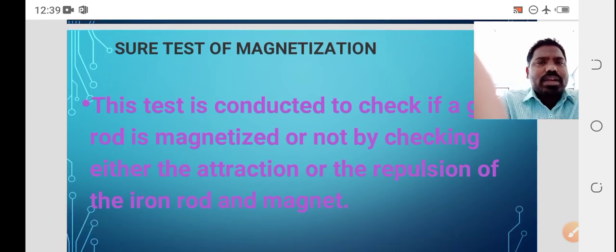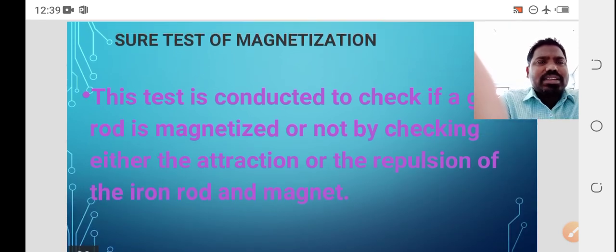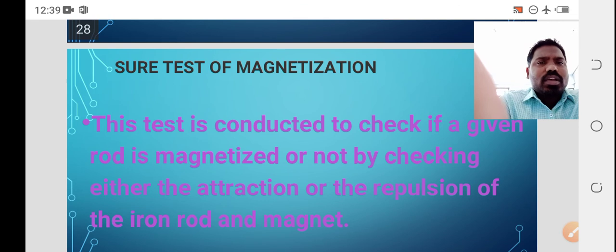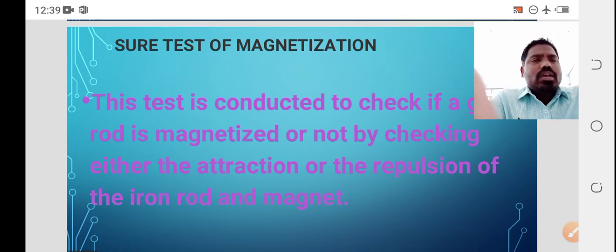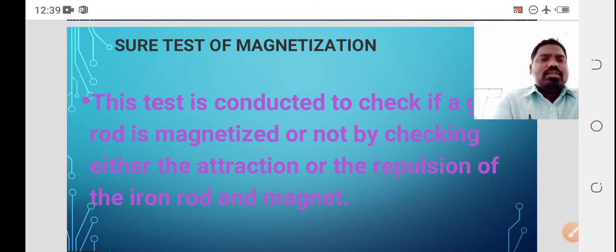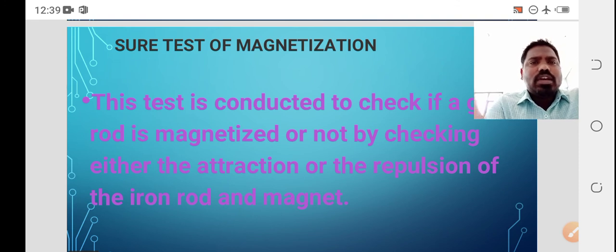Last property, the test of magnetization. This test is conducted to check whether a given rod is magnetized or not. If a material is affected with magnetic nature, it will be identified by this test. It is a test for the identification of magnetized material.